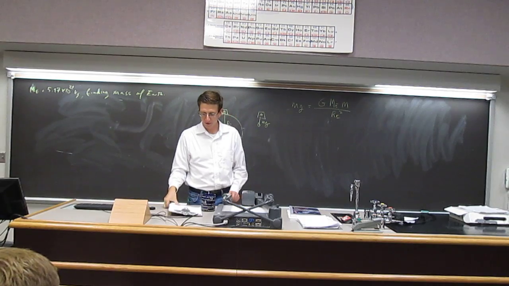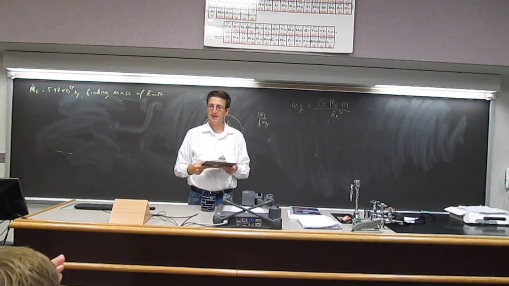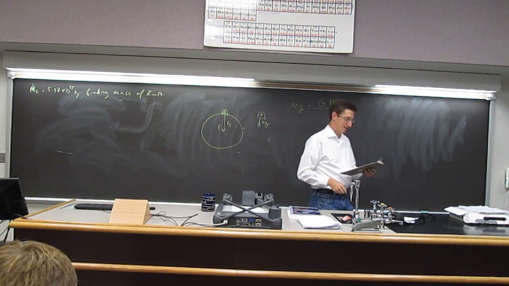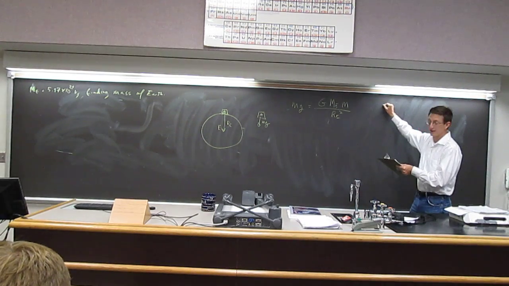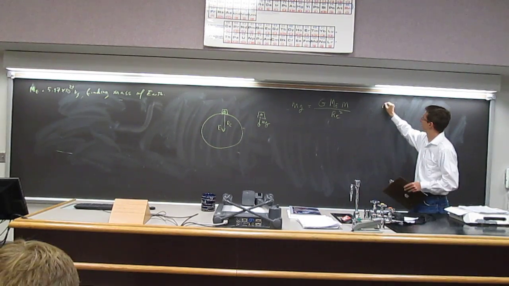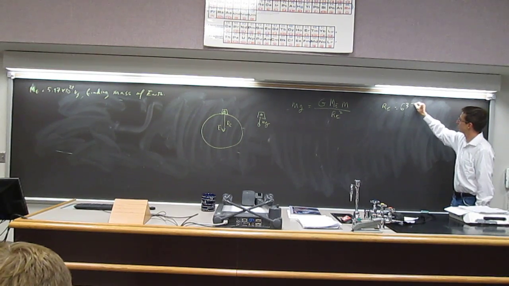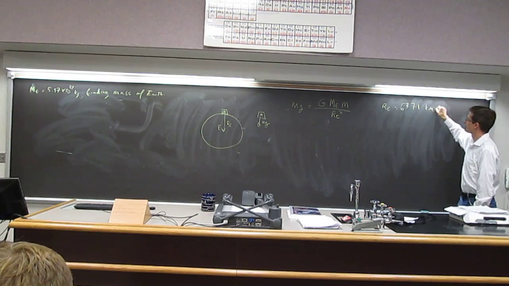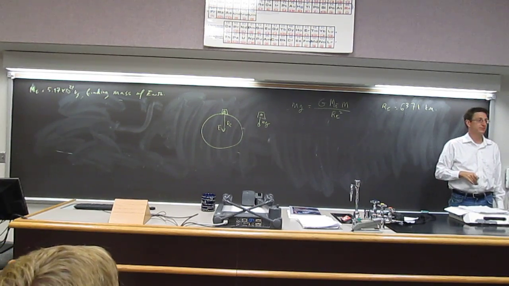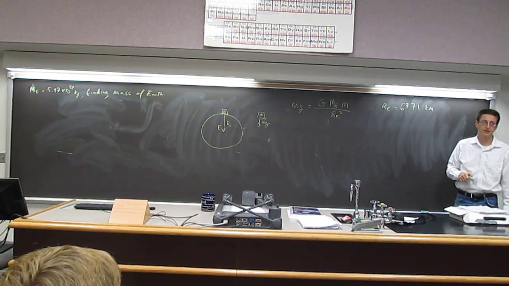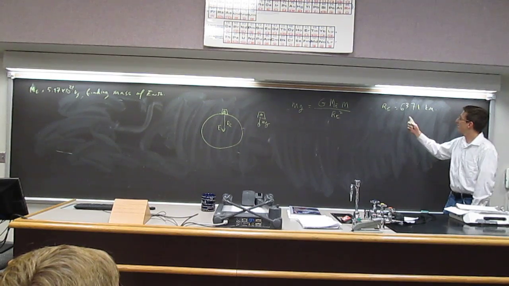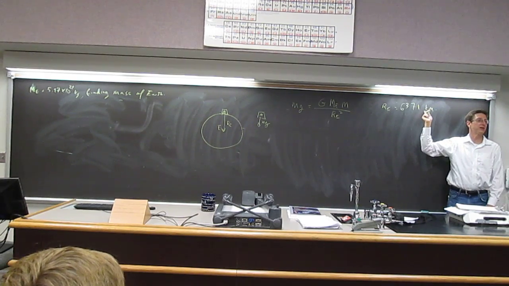Now, did anyone look up the radius of the Earth? 6,371 kilometers. Very, very good. The radius of the Earth is 6,371 kilometers. What's that in meters? Each kilometer is 1,000 meters, right?